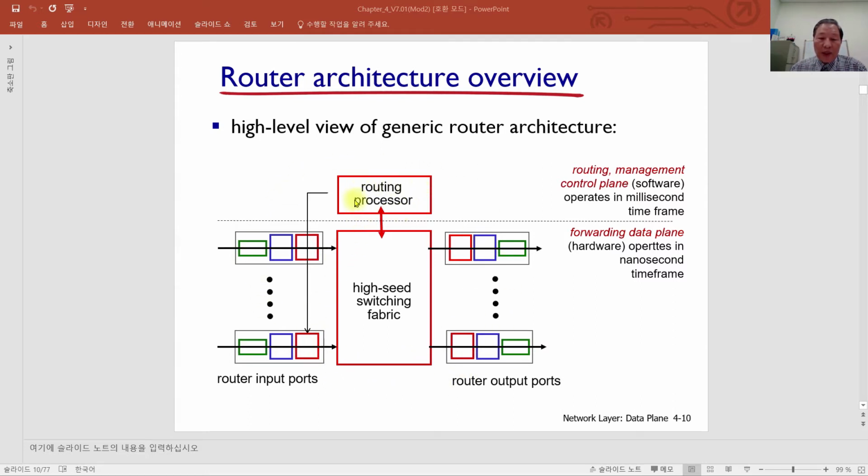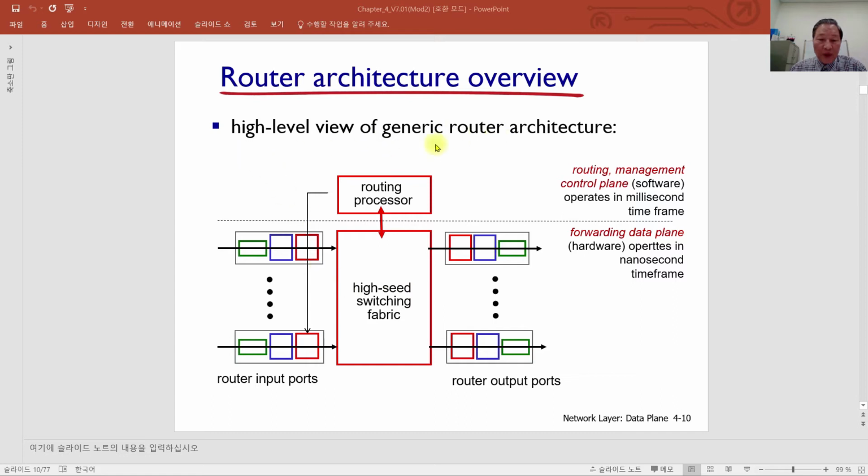This one is very similar to the special purpose computer architecture. This one is a CPU. This one is high-speed switching fabric. Simply you can think this one is memory, shared memory. And we learn about the difference of them and using different architecture in next slides.